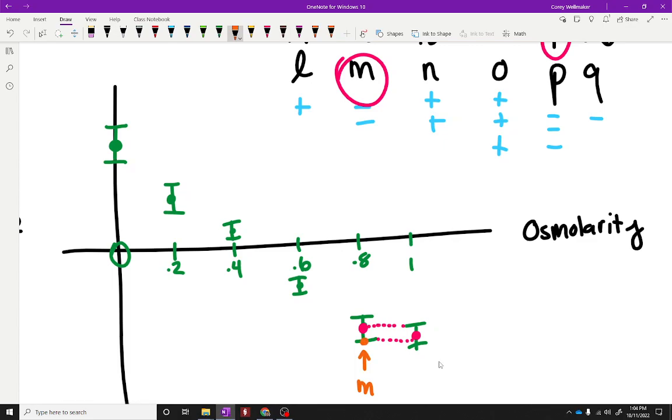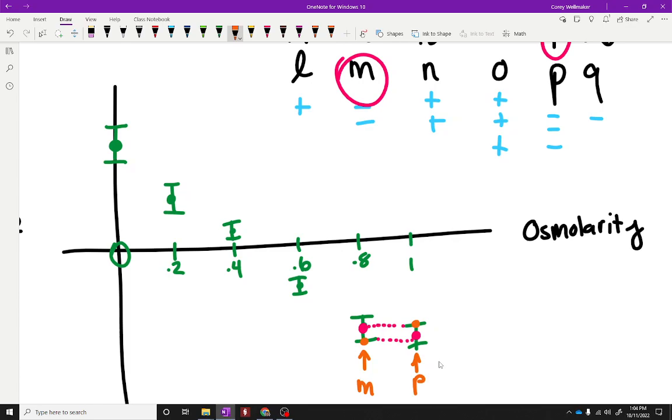And it's possible that the true average for P is all the way up here, right? And so if the orange dots represent the true averages, then the scenario would actually be flip-flopped. We would actually conclude that M is 1 molar and P is 0.8 molar. But we just don't know.